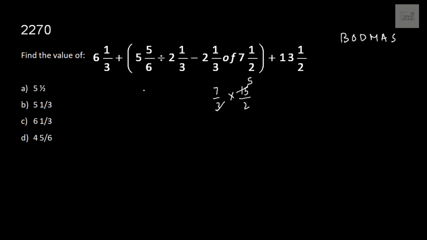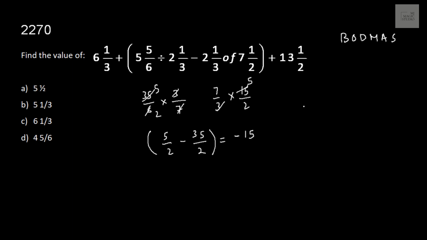Now is divide. 35 by 6 into 3 by 6 plus 1, 7. That would be 5 by 2. So in the bracket we have 5 by 2 minus 35 by 2. That is minus 30 by 2, minus 15.